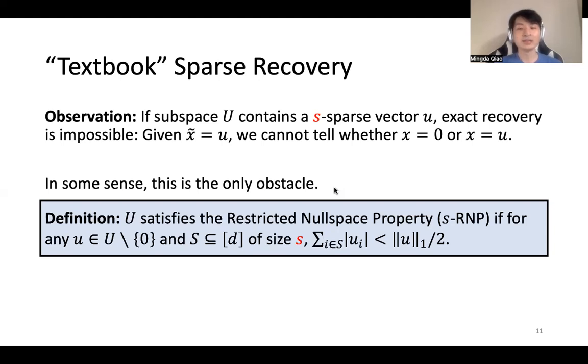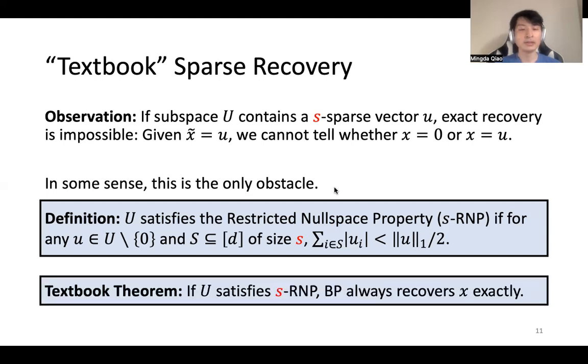U satisfies s-RNP if for any non-zero vector u in U, and any set S of size little s, we have this inequality, which states that the contribution of the coordinates with indices in S to the one norm of u is strictly less than 1/2 of the one norm of u. Then it is well known that under this s-RNP condition, the basis pursuit program always recovers X exactly.